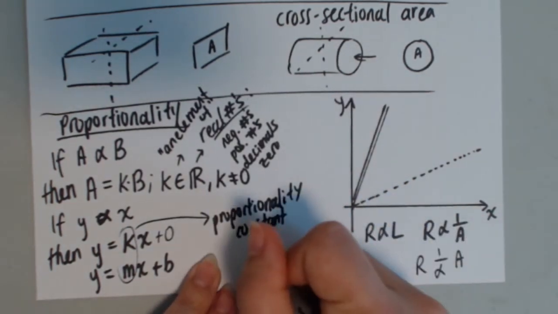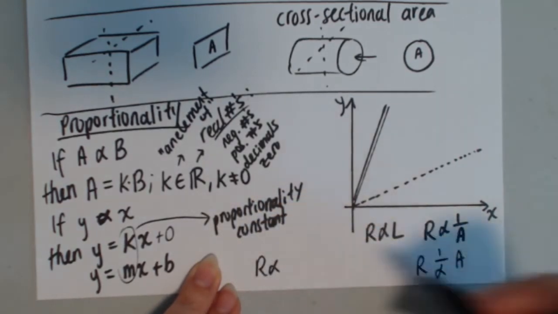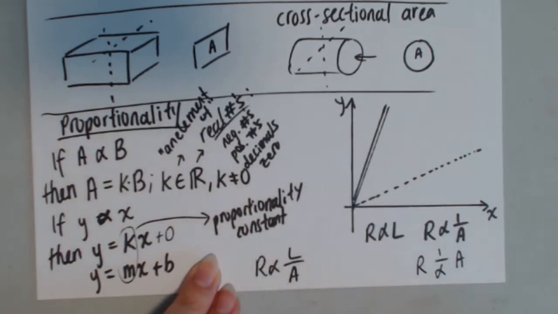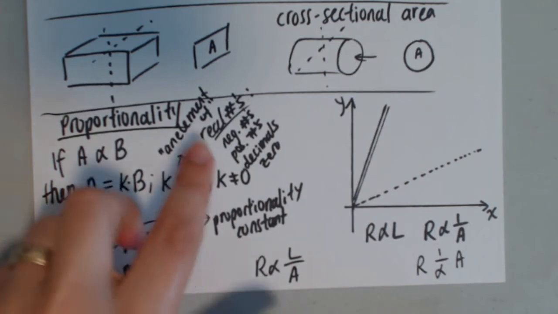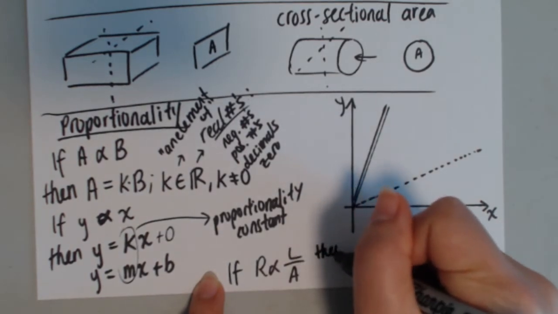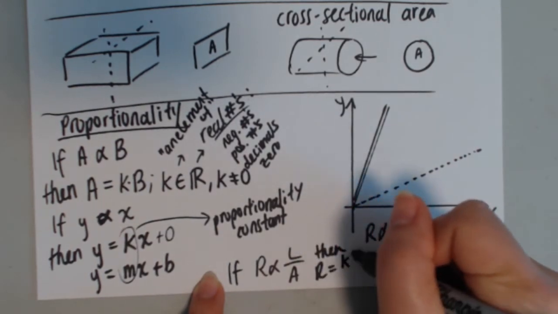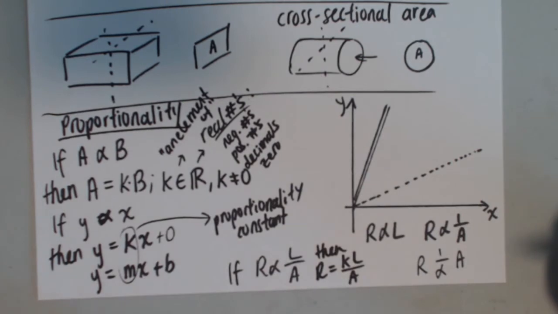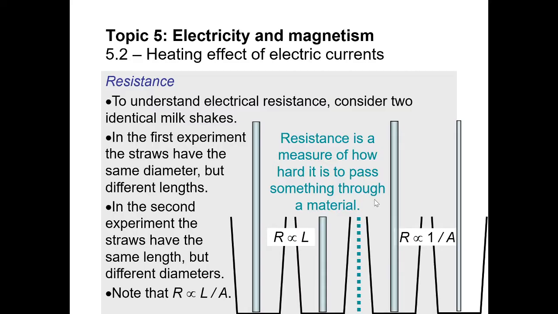Overall, we can make the expression R is proportional to L over A. Based on everything I've explained, if R is proportional to L over A, then R has to equal a constant times L over A. So our job is to figure out what that constant is and what it represents. That will be the topic of discussion over the next couple of slides.